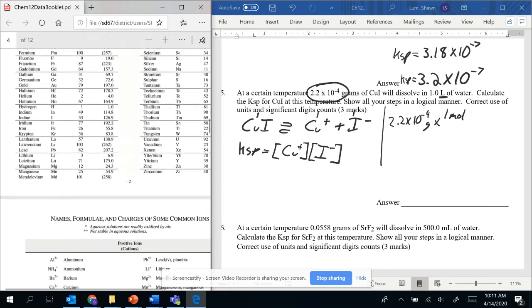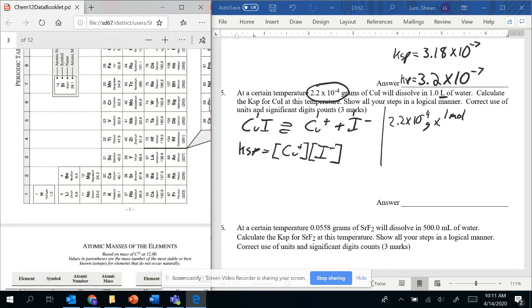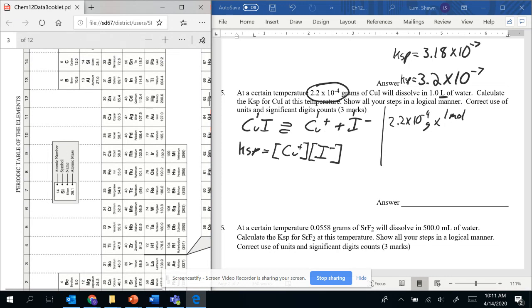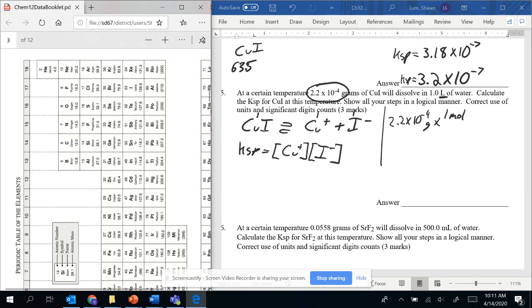So I'm going to use this thing way up here, and I find Cu is 63.5, and I is 126.9.